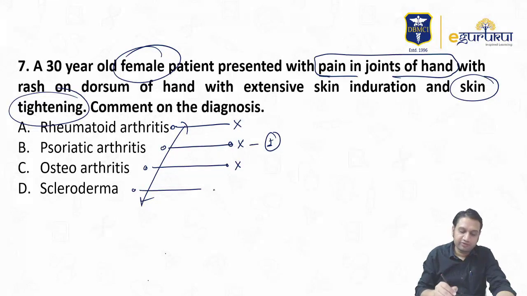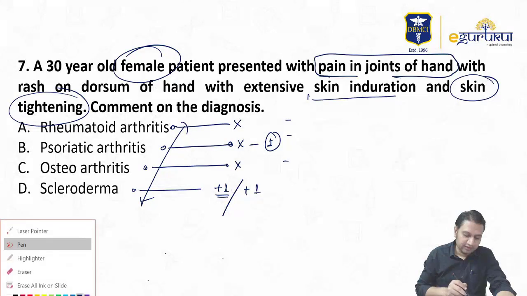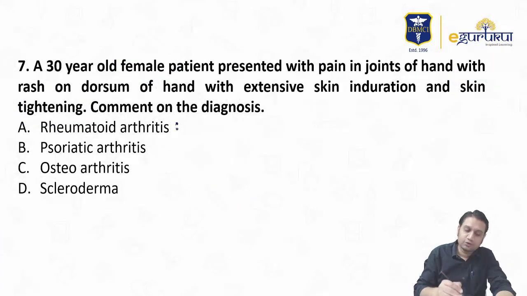So rash goes more in favor of scleroderma. So plus 1, right? And then you have got skin induration and tightening, which is not a feature of any of these 3, but a feature of scleroderma, right? Now when you talk of the other features as well of rheumatoid arthritis, you know that the DIP is not involved in rheumatoid arthritis, right?